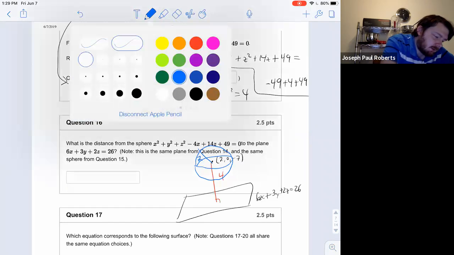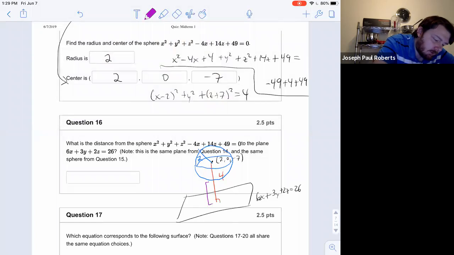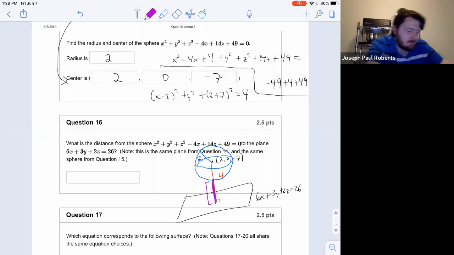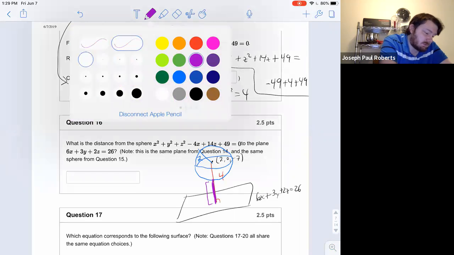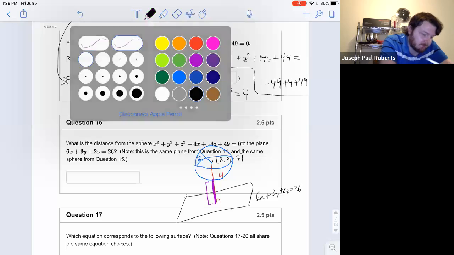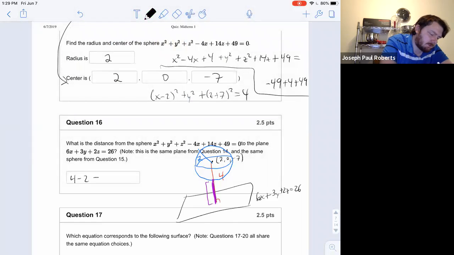So basically, in question 16, they're asking for the distance from the sphere to the plane. If you think about it, it's just going to be the distance from the center to the plane minus the radius, so 4 minus 2 is 2.